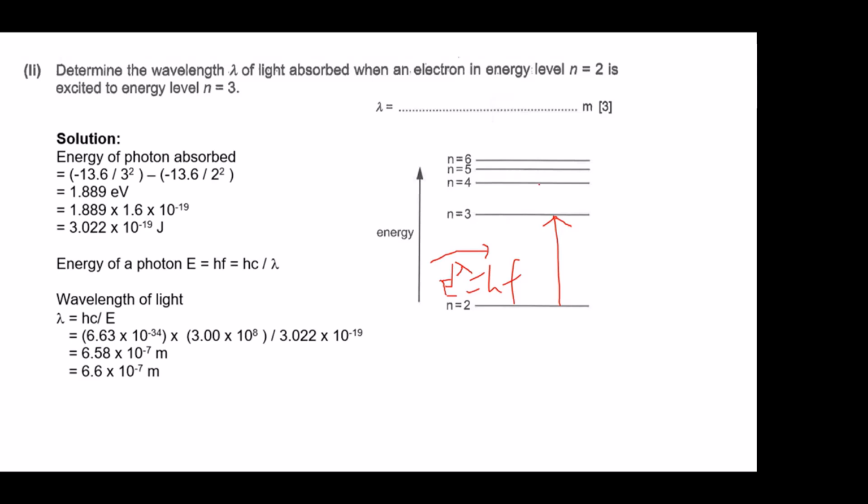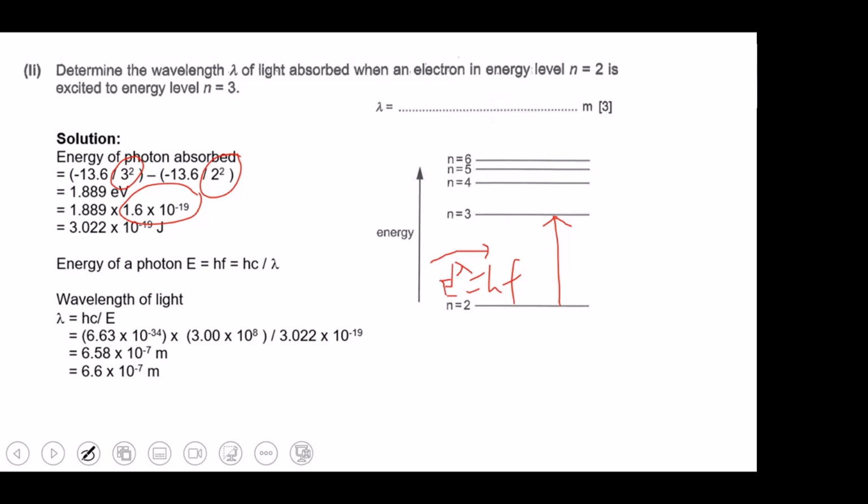From n=2 to n=3, firstly, I use the formula minus 13.6 divided by n squared. So minus 13.6 divided by 3 squared, then you subtract away minus 13.6 divided by 2 squared. You'll get an answer for the energy of the absorbed photon in terms of eV. Make sure you convert the energy in eV to joules by multiplying by 1.6 times 10 to the power minus 19 joules.